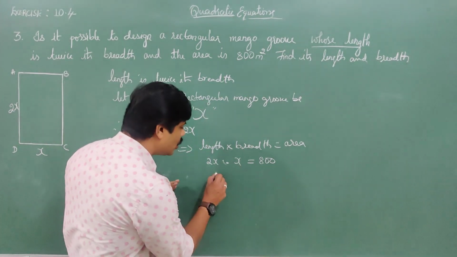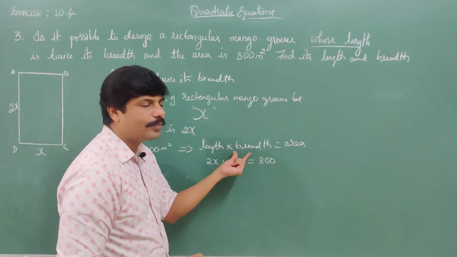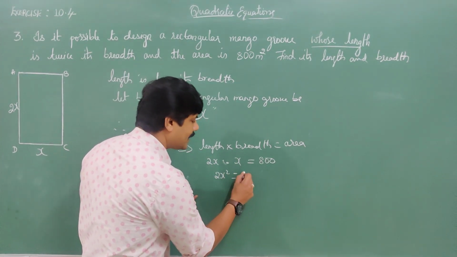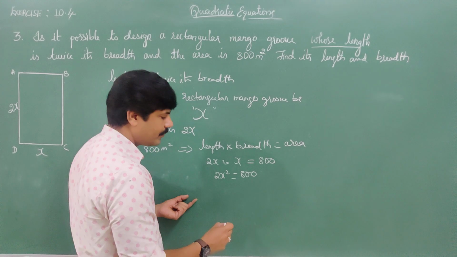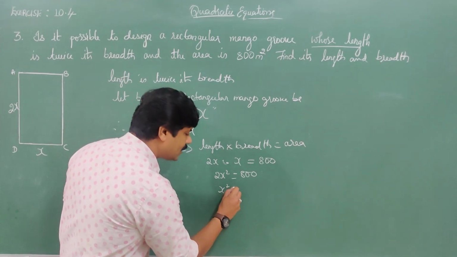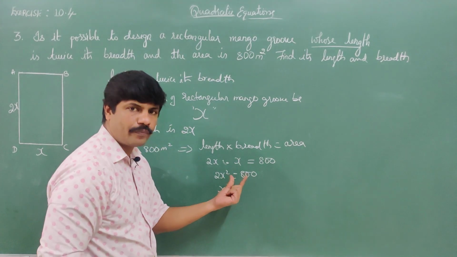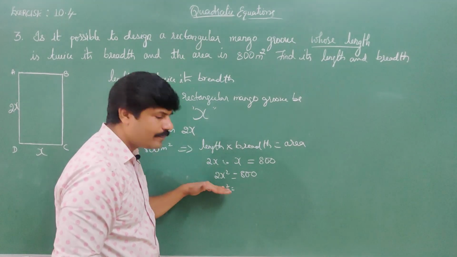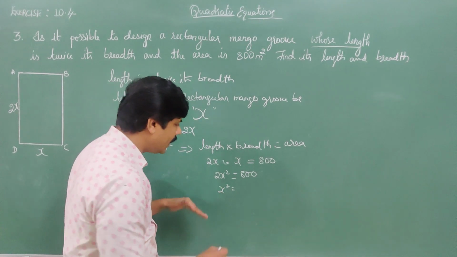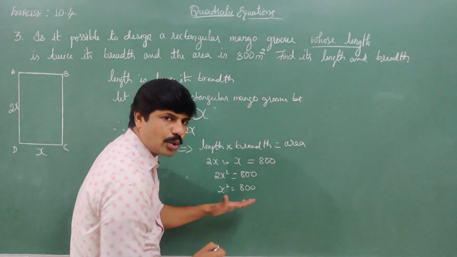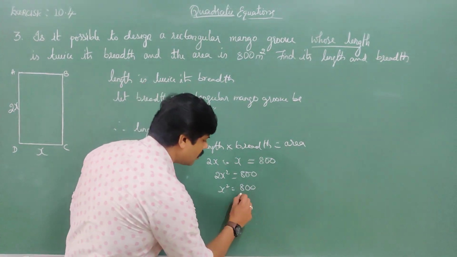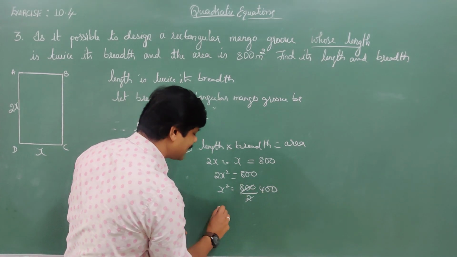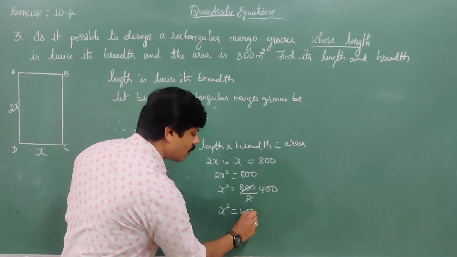2x into x is 2x square, which equals 800. Now divide both sides by 2. We don't want 2x square, we want only x. After dividing, 800 by 2 is 400, so x square is equal to 400.